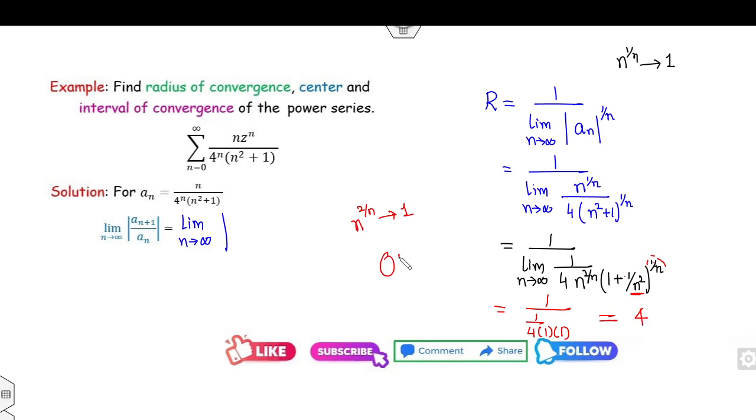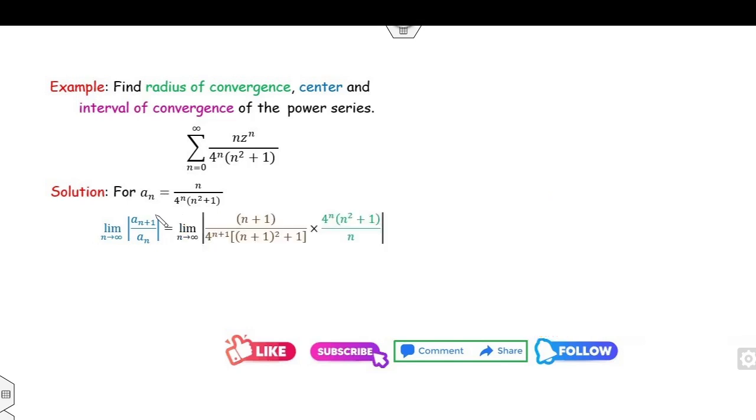Or you can use this formula, a(n+1) over a(n). So I can use this value. You can see 4 to the n will be cancelled out, and 1 over 4 is outside. The limit as n approaches infinity of (n plus 1) over n, I can write it in this manner. For this case, I can divide by n squared in the numerator and the denominator.